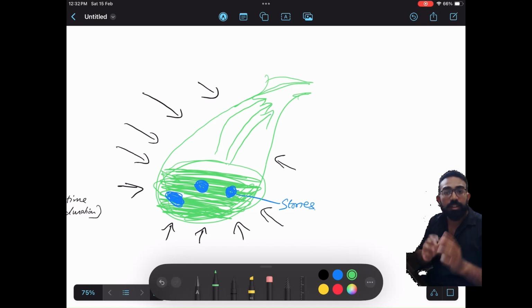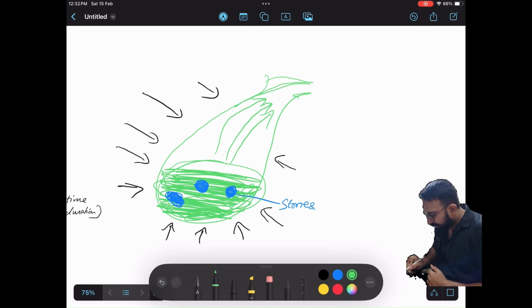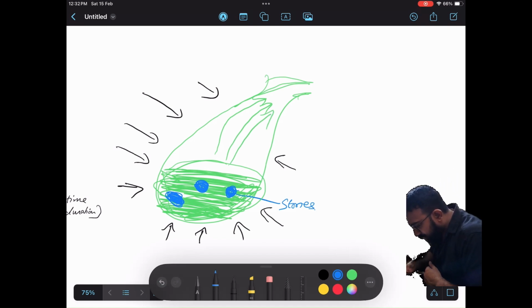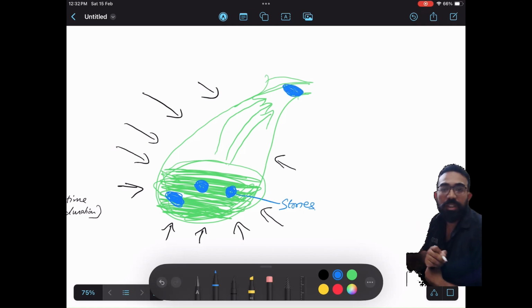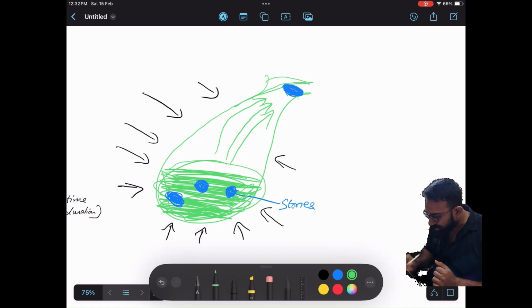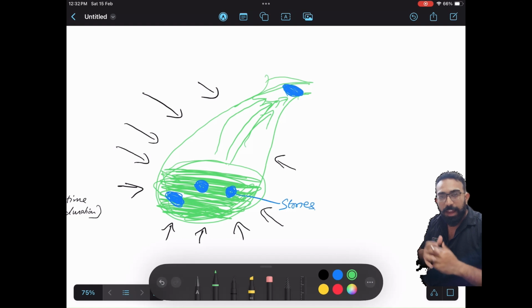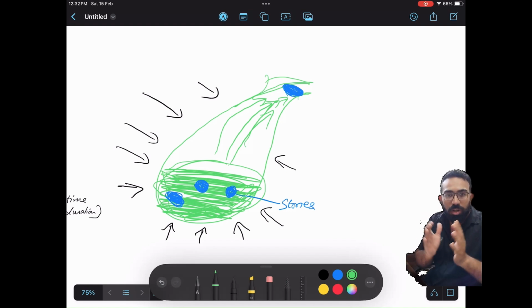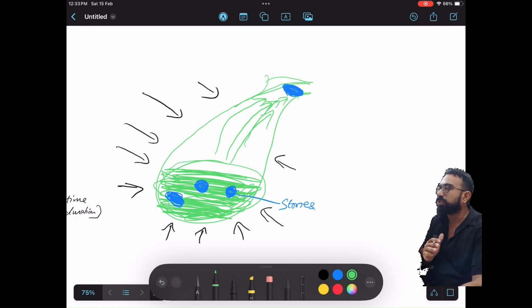When this bile gets pushed outwards, if a stone gets stuck at the neck of the gallbladder, can the bile come out? No, it cannot. And can the gallbladder contraction work in the way it is supposed to? No, it cannot.